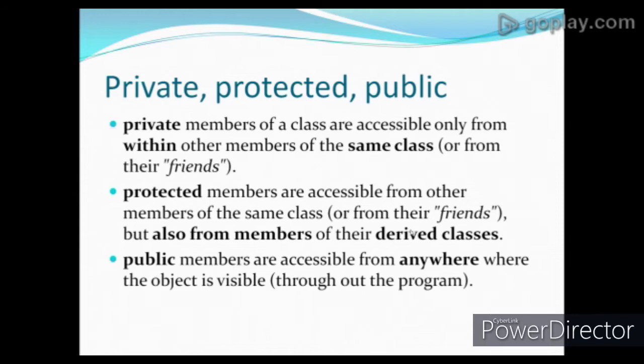Now you may wonder what a derived class is. As for derived classes, we'll see a separate video in inheritance so that you can understand what derived classes mean. As for now, I'll give you a simple explanation. We have an actual class. First, we have declared a class.